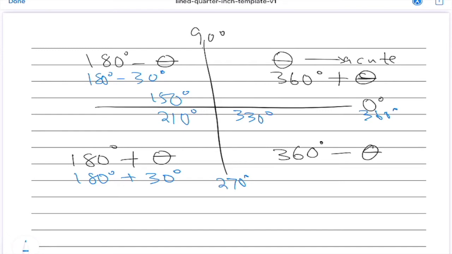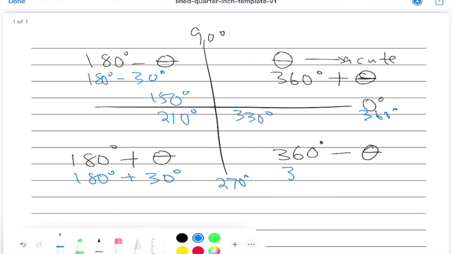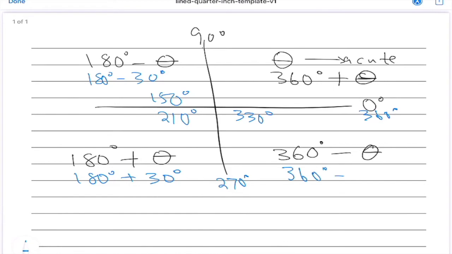So 330 should be written as 360 subtract 30 degrees. If you do have an angle like 370, then 370 can be written as 360 plus 10.